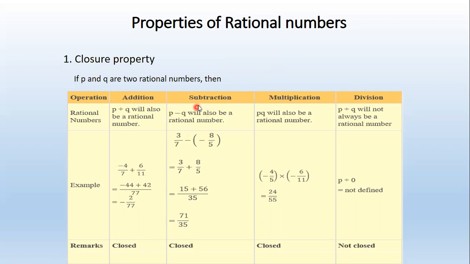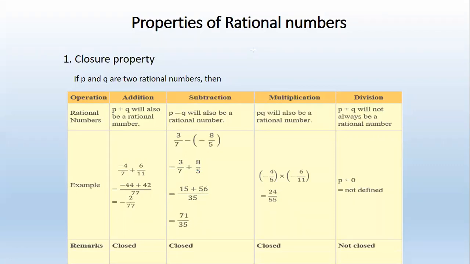Next we will see subtraction. For subtraction, I have taken two numbers, 3 by 7 and minus 8 by 5. 3 by 7 as it is, minus into minus becomes plus 8 by 5. So now, as I said, you have to multiply the denominators. 7 into 5 is 35, and cross multiplying the numbers, that is 3 into 5 is 15, 7 into 8 is 56.